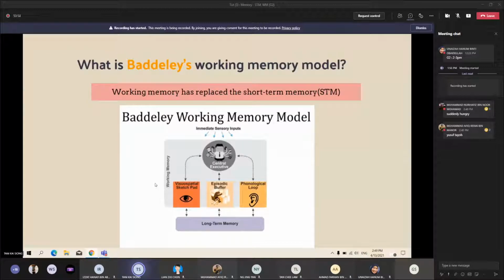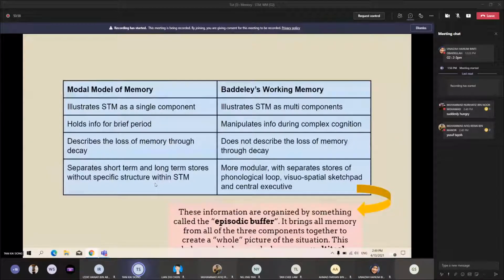So the difference between the model of memory and Baddeley's working memory is that the model of memory illustrates short-term memory as a single component, while Baddeley illustrates short-term memory as multi-component. Model of memory holds info for a brief period, while Baddeley manipulates info during complex conditions.